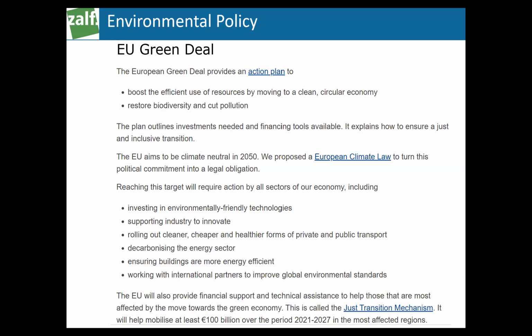Supporting industry to innovate, rolling out cleaner, cheaper, healthier forms of private transport. And the energy sector, of course, is decarbonizing the sector and ensuring buildings are more efficient and so on. Not all agriculture relevant, but also in terms of technology, environmentally friendly programs.